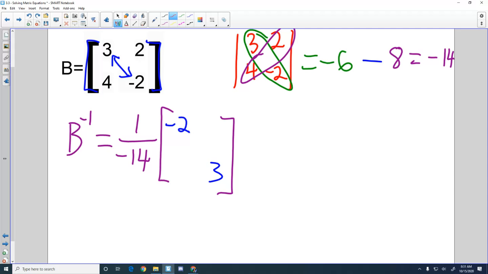The other two numbers stay put. So the 2 is still in the upper right, the 4 is in the lower left, but we just have to change their signs. They're both positive numbers, so I'm going to make them both negative numbers. So that's now a -2 in the upper right and a -4 in the lower left. And that's it. That's the inverse matrix.